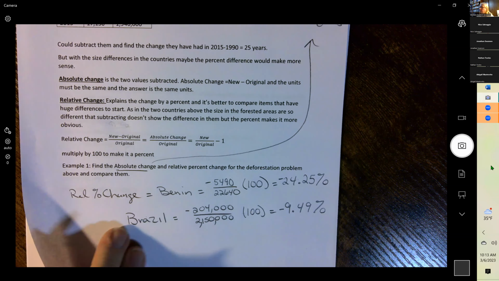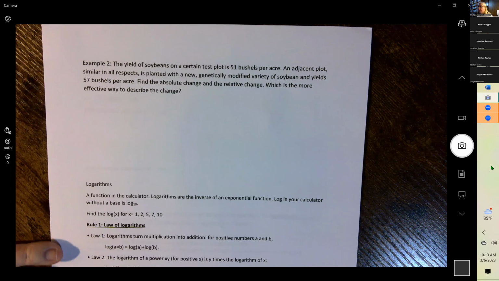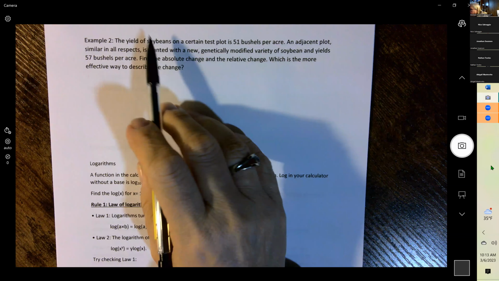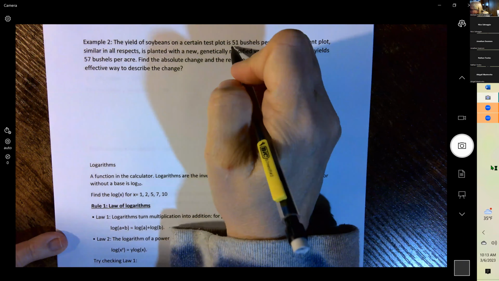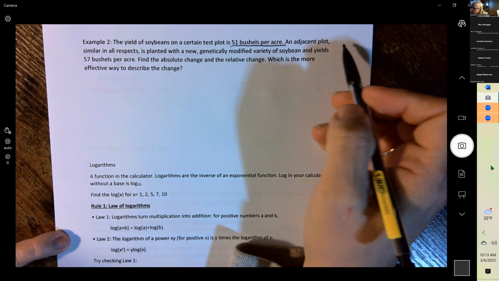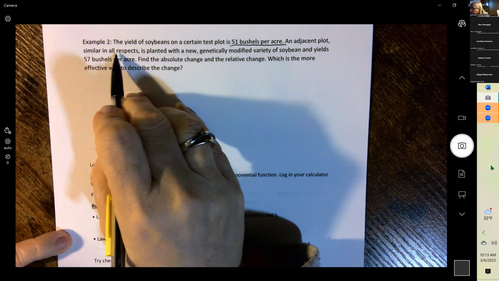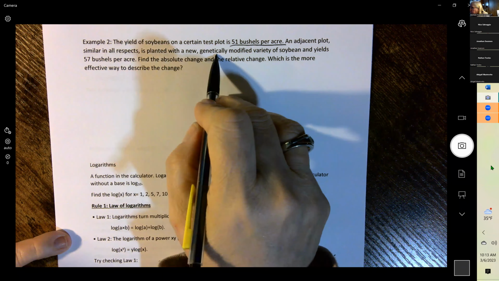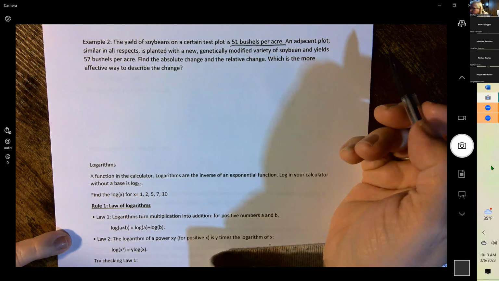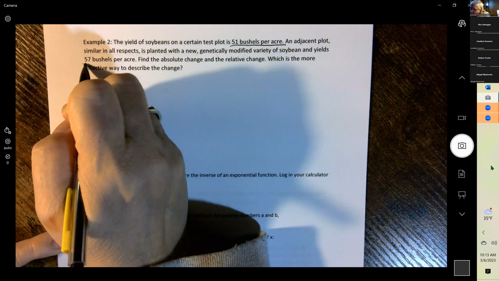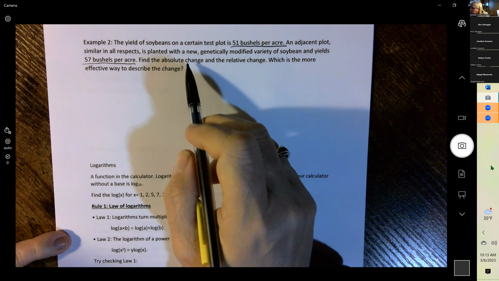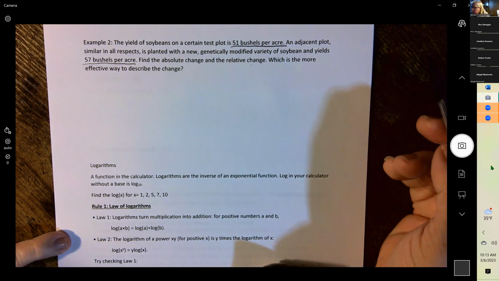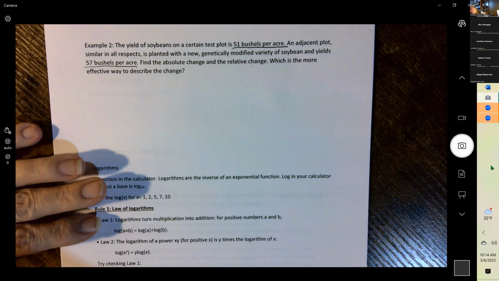Let's try another one. The yield of soybeans on a certain test plot is 51 bushels per acre. An adjacent plot, similar in all aspects, is planted with a new genetically modified variety of soybean, and it yields 57 bushels per acre. Find the absolute change and the relative change, and which is the better way of describing it.